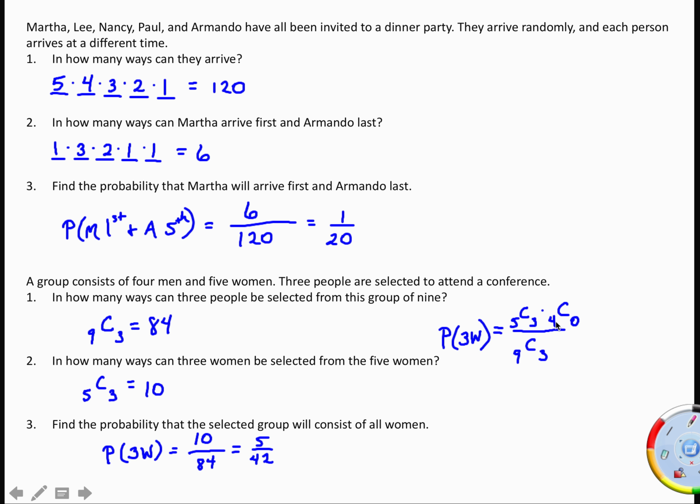4, choose 0. Out of the 4 men, I didn't choose any. Because what if the problem asks me, what's the probability that you get 2 women? Right? Then the denominator is the same, of course. But on the numerator, you've got 5, choose 2, and then that other one gets selected from the men.